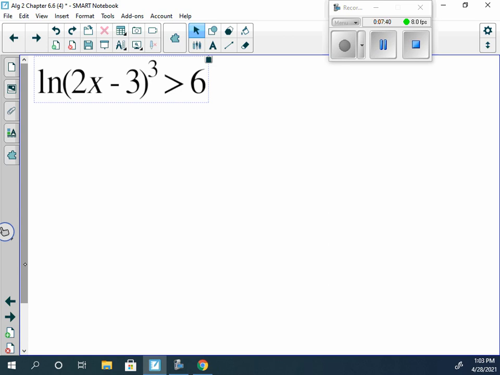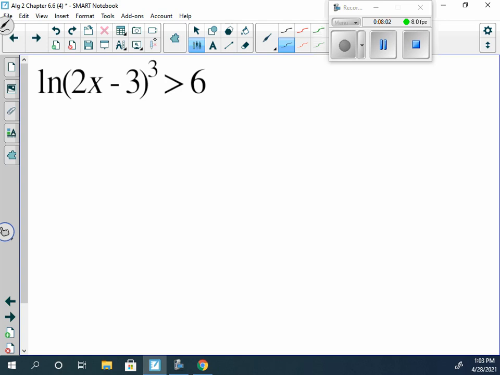Now, the way that we're going to treat this, if we were being mathematical sticklers, we would really need another set of parentheses around it. But we're not going to have to write that. We're going to treat it as the 3 being attached to the 2x minus 3, not the natural log cubed.